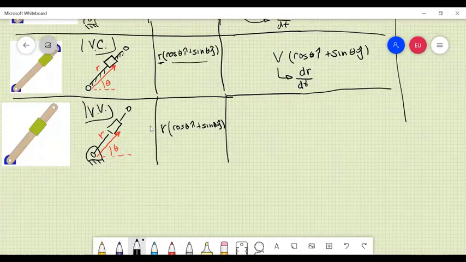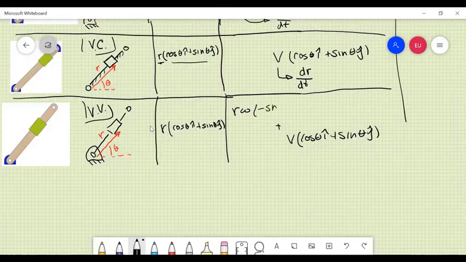Now, Maritza, if you're with us, yes, tell me the velocity for the last one. It's linear velocity times cosine theta i plus sine theta j, plus the position r magnitude times angular velocity and minus sine theta i plus cosine theta j.